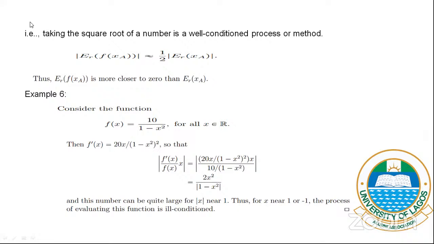Then if you cross multiply, you still have 20x over 1 minus x squared all squared. So you can also bring it up in the slide we are going to submit, both the quotient rule and the other way to solve it.